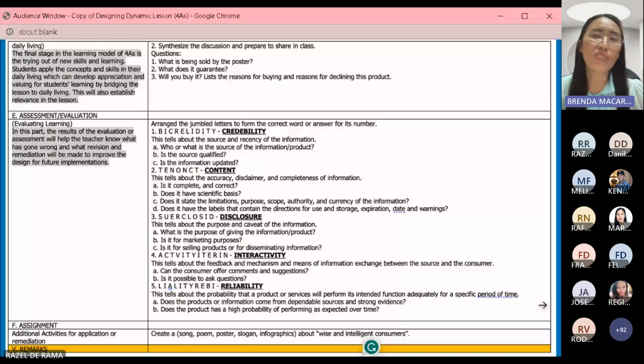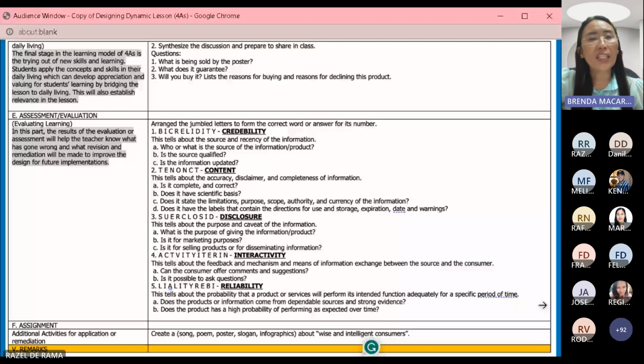For us teachers, no, every time that we had our teaching and learning process inside our classroom, after that, diba, minsan tayo mismo nagkakaroon ng reflection na, ay, parang mas maganda kung ito pala yung ginawa ko. So, dyan sa assessment, after giving the assessment to the students, and after seeing the result, ito yung part din na nagkakaroon tayo ng reflection natin sa sarili natin on how to improve the design for future implementation. Okay?